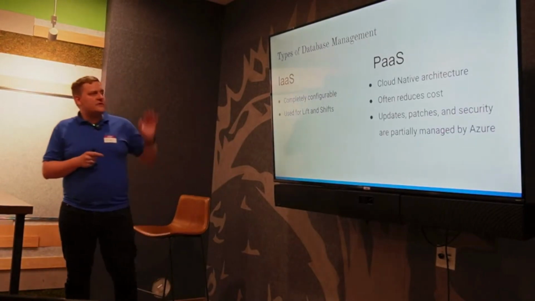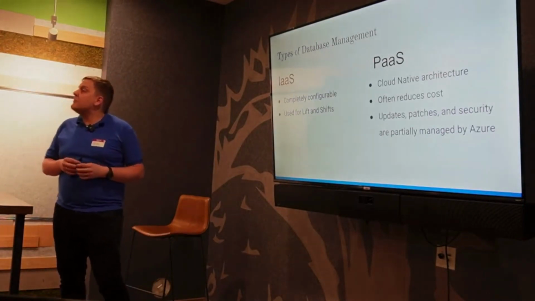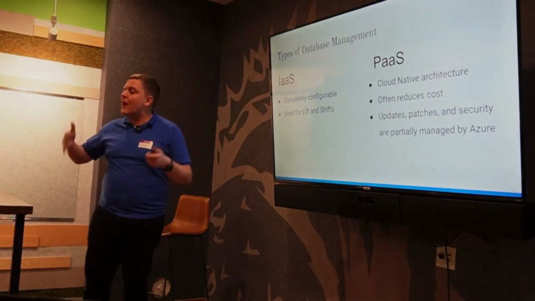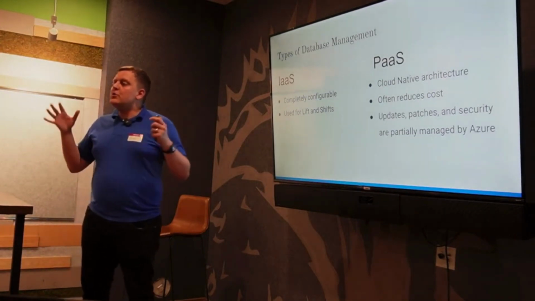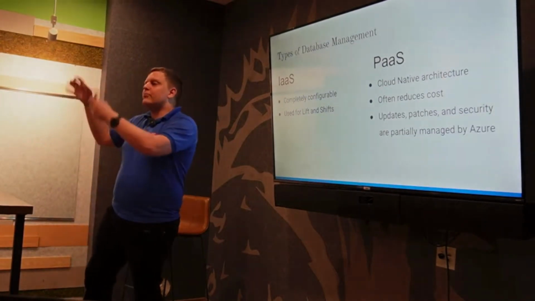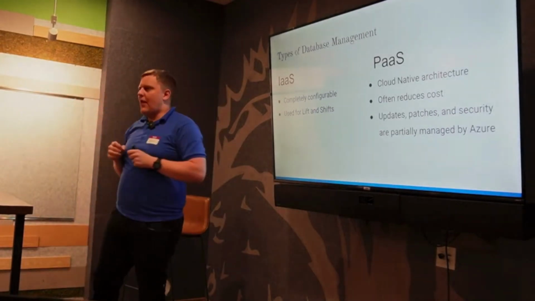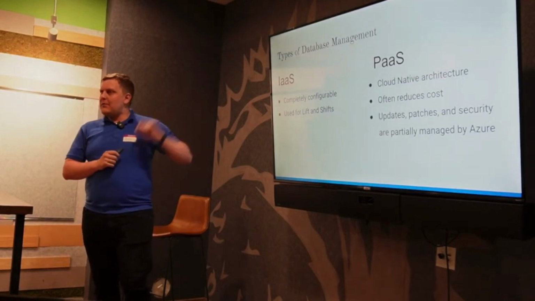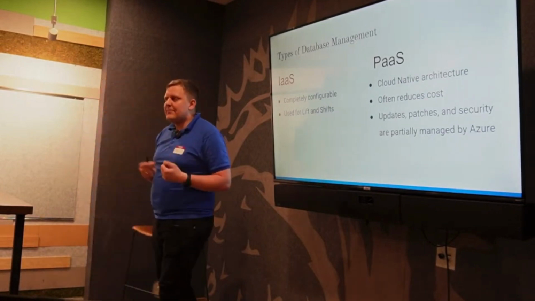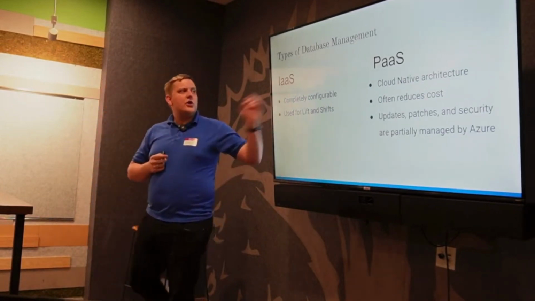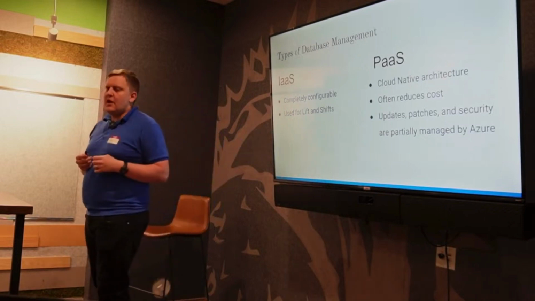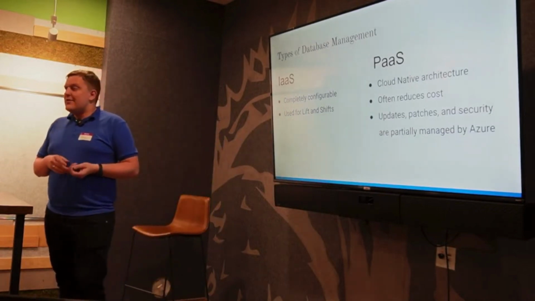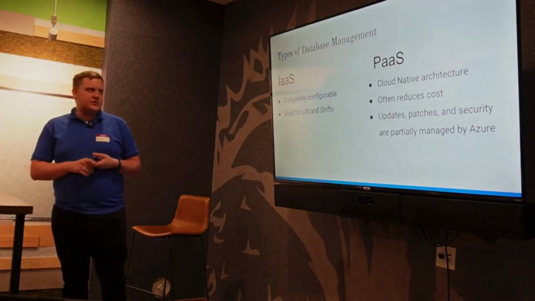So infrastructure as a service is configurable. It's very commonly used for lift and shift, because if you have a fragile legacy application, you can put in exactly your previous settings into the cloud. Just drop them in. Super easy, no changes. However, if you're making a cloud native application, a new application, you're going to go for the platform as a service options 9 times out of 10 because they often have massive cost reductions.